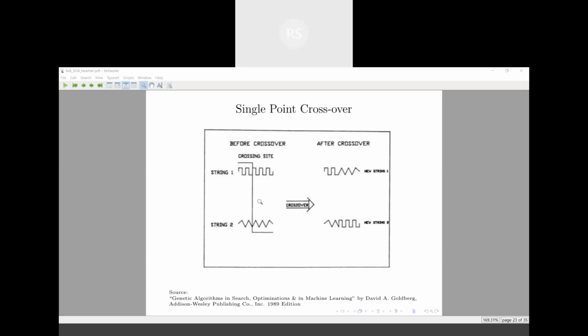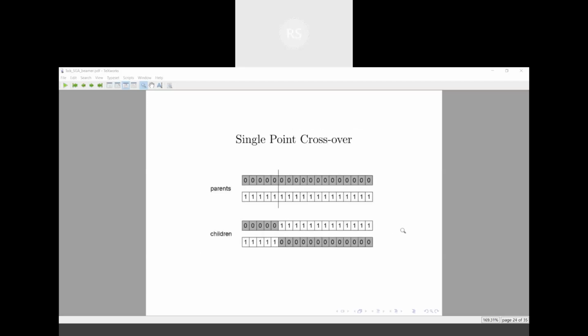So this part belongs to string 1 and this part belongs to string 2. This is the concept of crossover. I'll emphasize this point again: this is called single point crossover. So let us assume that the crossover takes place here.